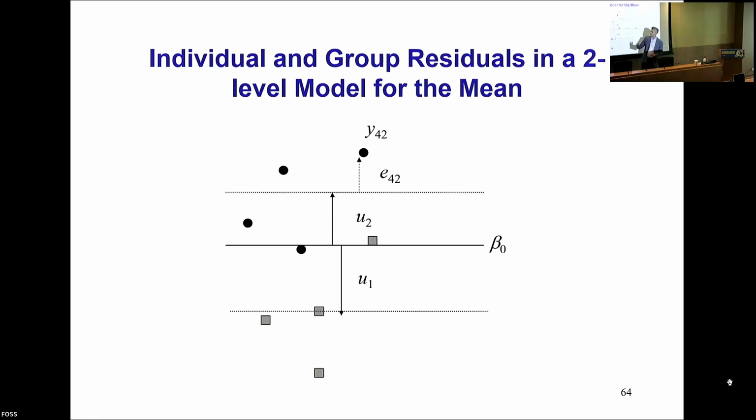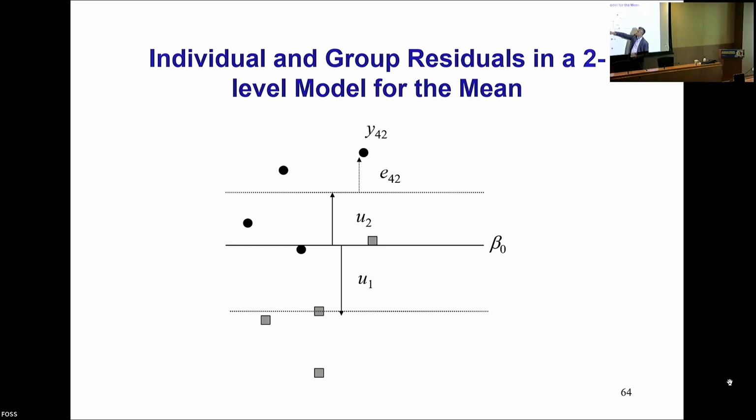But now, say we've got two groups here, u_1 and u_2. So u_1 refers to these gray rectangles, and u_2 refers to the data points denoted by these black dots. The mean of the gray rectangles is this dotted line over here. And u_1 is the distance from beta naught to the mean of this group.